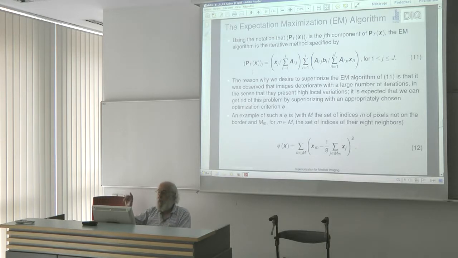The images get very noisy looking, salt and pepper noise, and what happens is that in positron emission tomography, the measurements are quite unreliable because the number of photons is rather limited, and as you keep iterating, you are fitting the noise in the data rather than the important information.